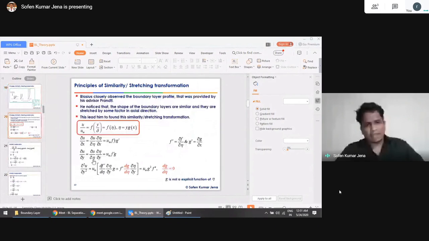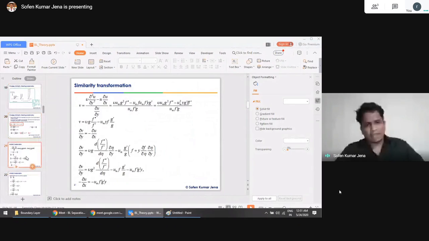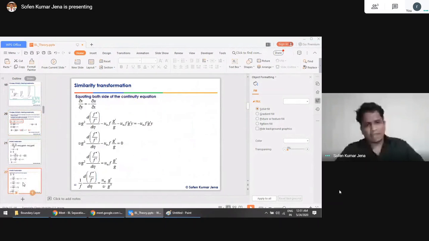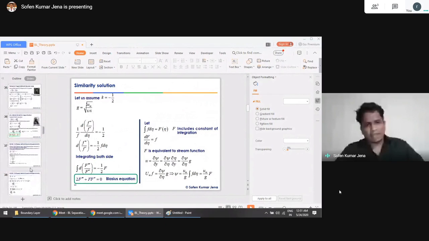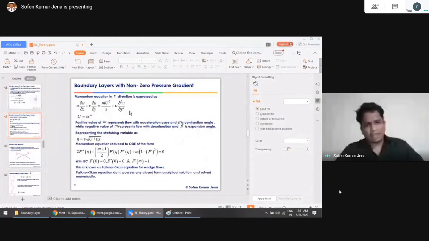Just as in similarity transformation, if I transform the set of equations, the partial differential equation becomes an ordinary differential equation, because there the partial differential equation has two variables x and y. Here it is an ordinary differential equation, with one independent variable, eta, because all the other independent variables we can club into one functional relationship and put as a single independent variable. Now it is clear?